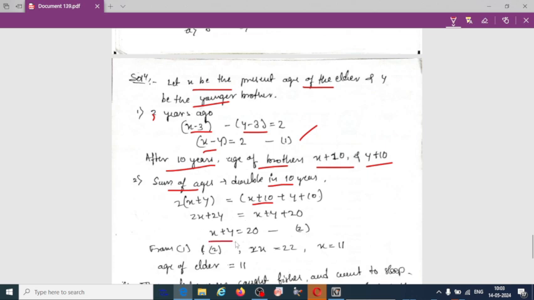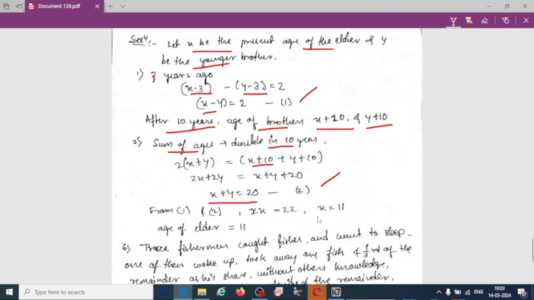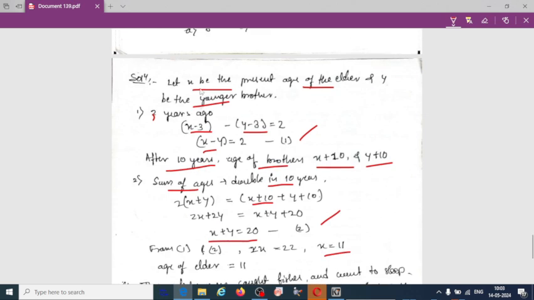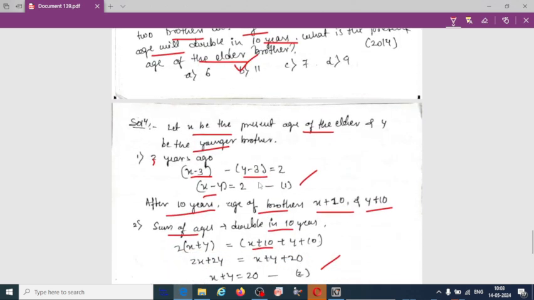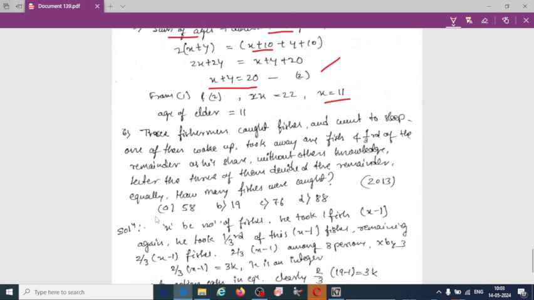Simplify, and you will get the equation 2x plus y equals 20. So by the substitution method you can get the value of x, that is 12. What we require here is the age of the elder brother, which we considered as x. So the elder brother's age is 11. Option B is correct.